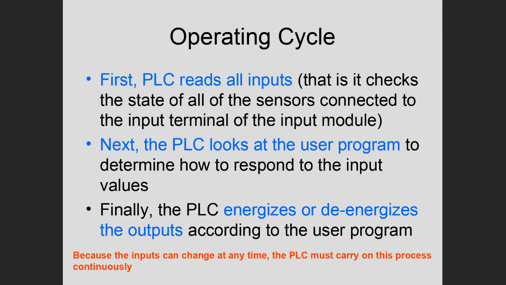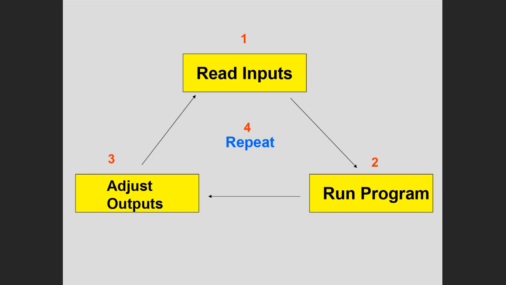If there's no logic continuity based on the logic that you wrote, then the output image table bit, if it was a 1, will be changed to a 0. If it was already a 0 for that rung's bit position, then it will stay a 0 or update to a 1 depending on your logic. This is probably a good slide to mark, to understand this in more detail. So that walks you through it.